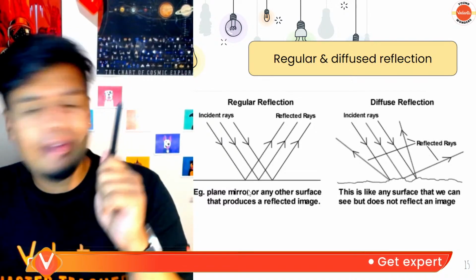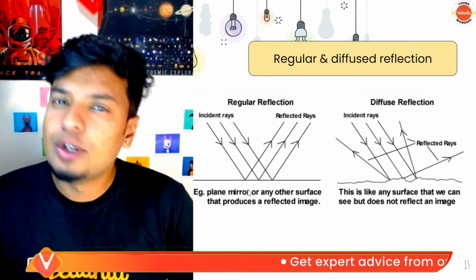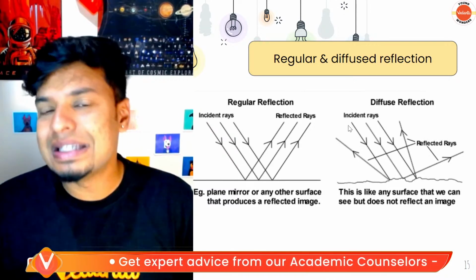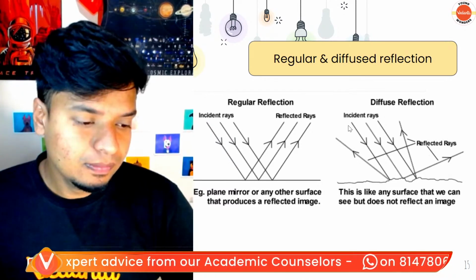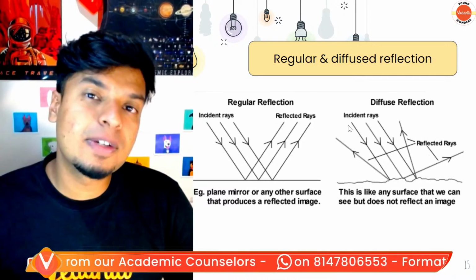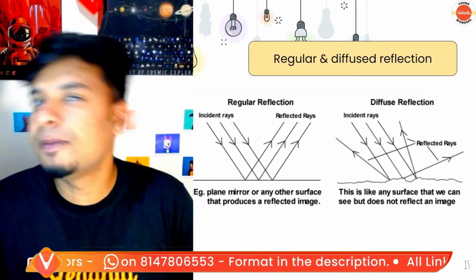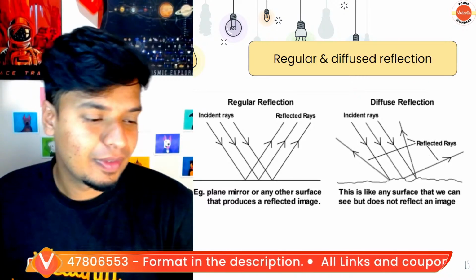But one thing very important is, do you think the laws will be compromised in diffused reflection? Do you think in diffused reflection also the angle of incidence will be equal to the angle of reflection? Yes or no?